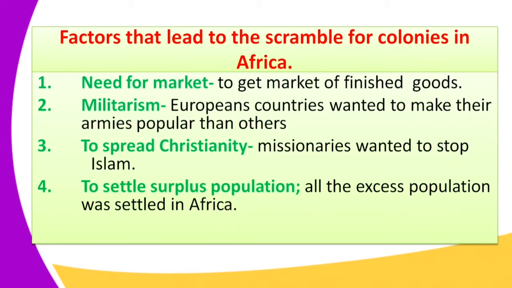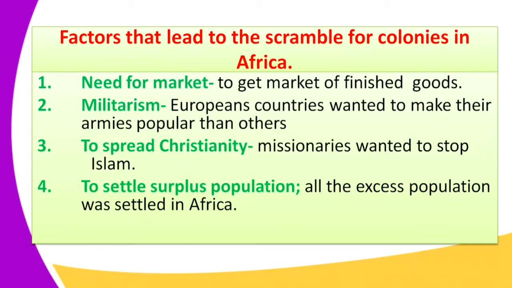Another factor that led to the scramble for colonies in Africa was the wish to spread Christianity. The missionaries wanted to stop Islam, so they came to Africa to counter the spread of the Islamic religion.